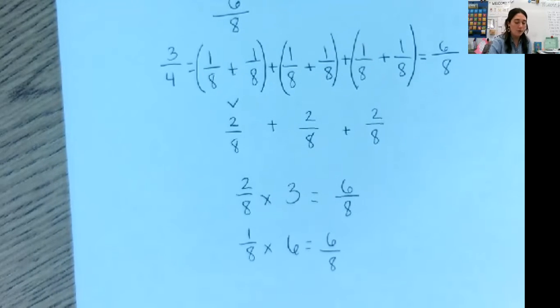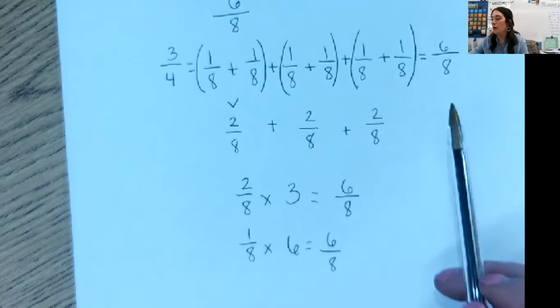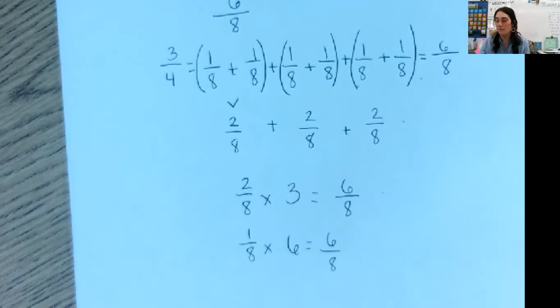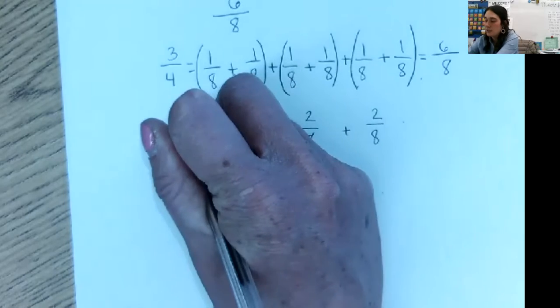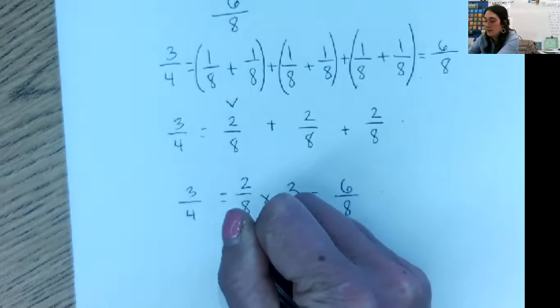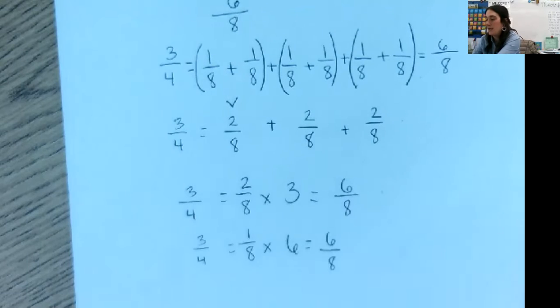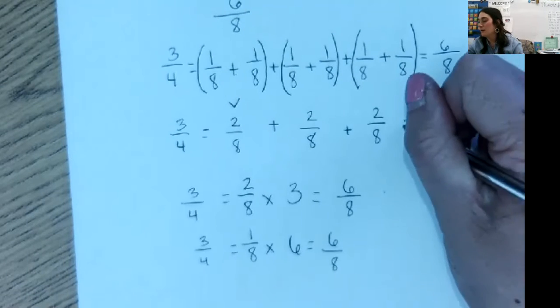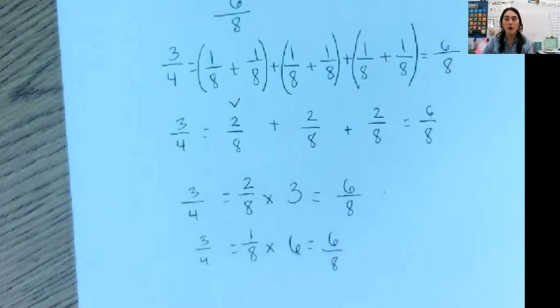And all four of these problems are all equal to 3/4, which is the same as 6/8. All of those are equal to one another.